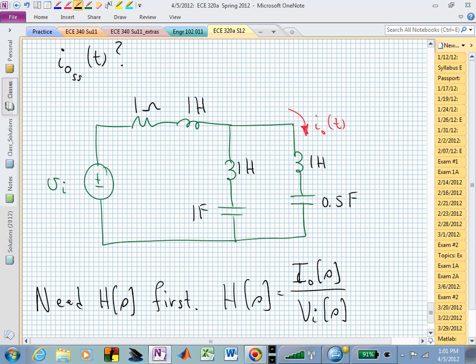Pardon? Well, it's sort of 1 over an impedance, but now we have to worry about what that impedance is.